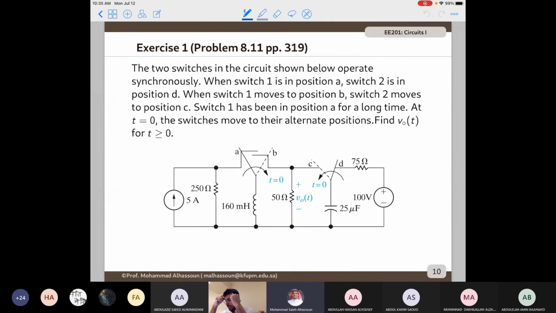In this circuit, we have two switches, this switch and the other one.